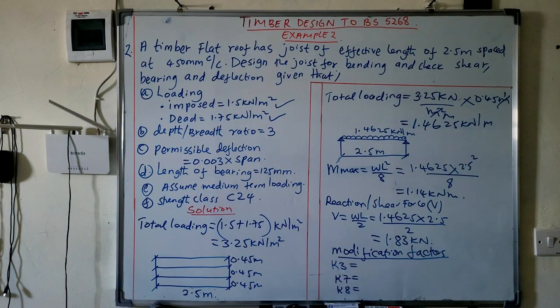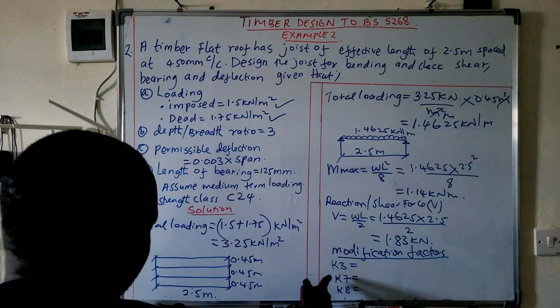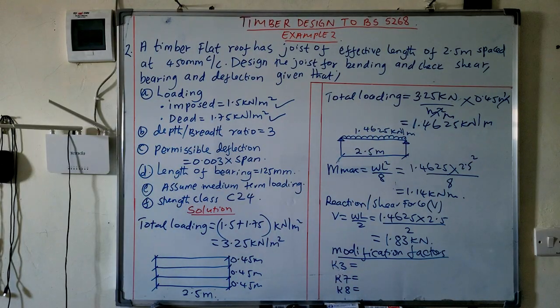After that, we proceed to modification factors. For modification factor, we will have K3, K7, and K8, as you can see on the board. So we will begin by K3. For K3, we have been told to assume a medium term loading. So we will go to the table and see the value for K3 which corresponds to medium term loading.